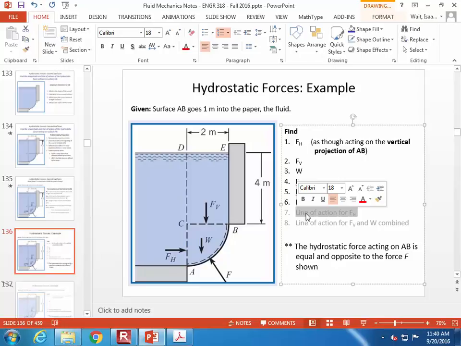That'll allow you to calculate how far from C, in the direction from C towards B, W is located. You can find the location of W and then come up with a weighted average to say, overall, where is the vertical force located? So that's the direction we're headed for both step 7 and step 8.